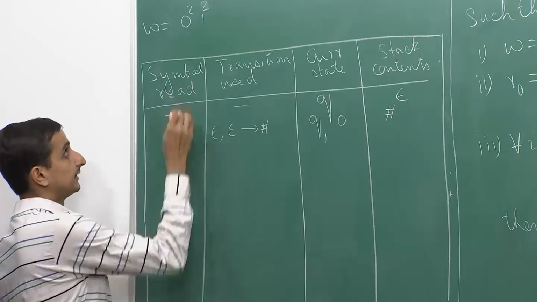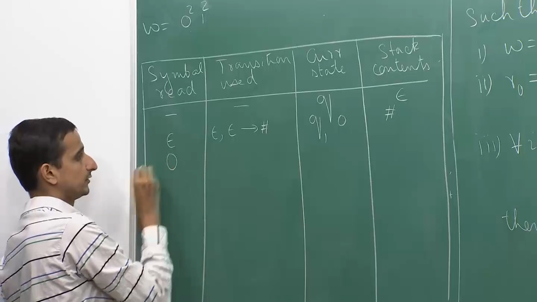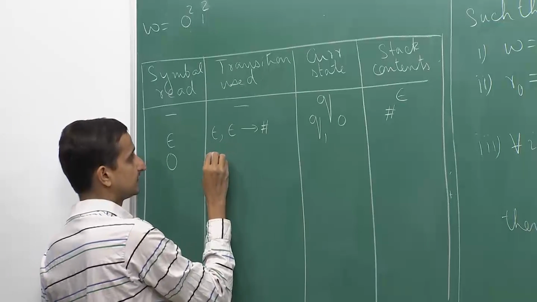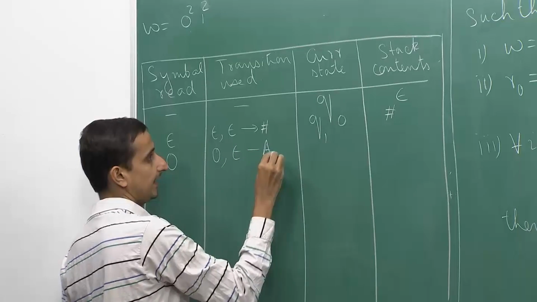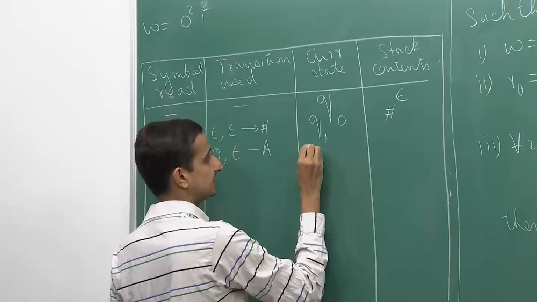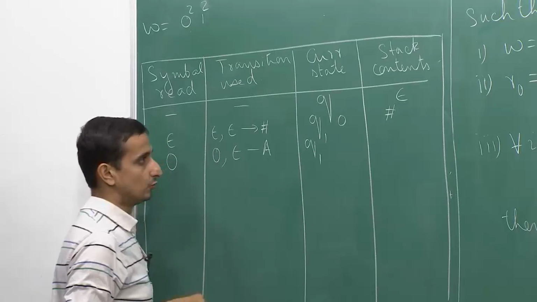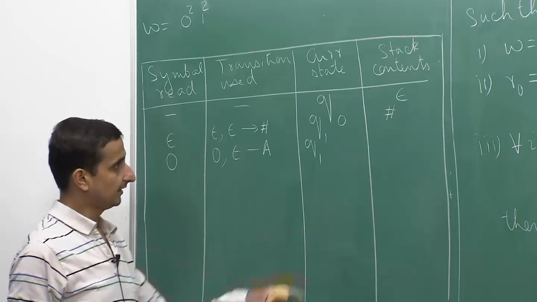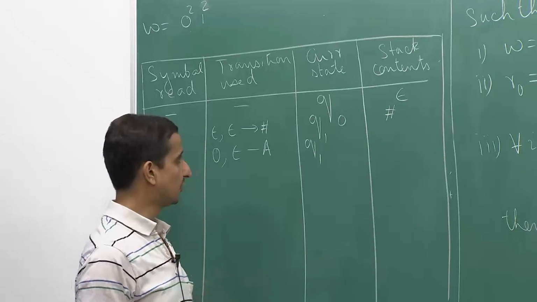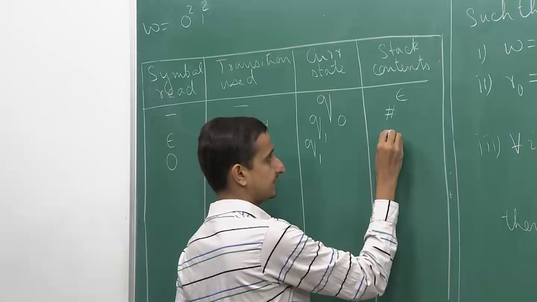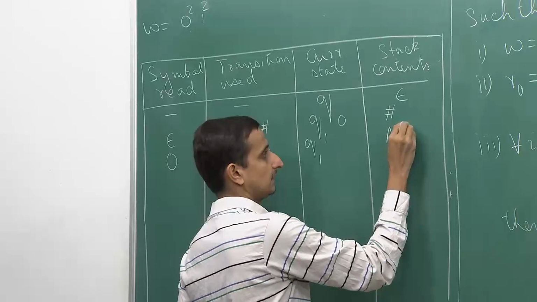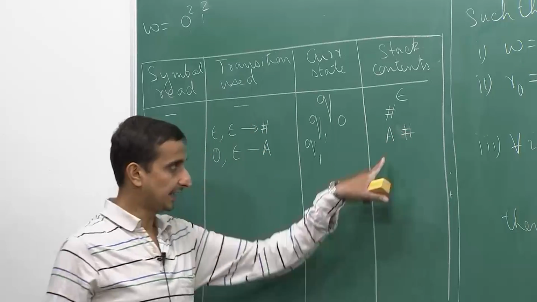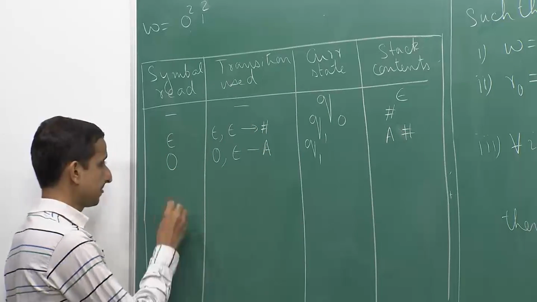In the next step, it is going to read the first 0. It will read 0, use the transition 0 epsilon to A, and stay at the state Q1. Now it has pushed A onto the stack. If I write the stack as a string, it has A on top and hash below it.